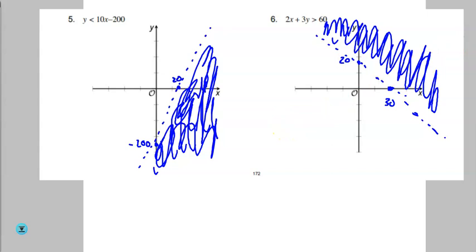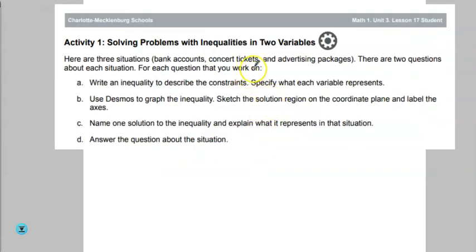So next, we're going to look at this activity one. It says here are 3 situations: bank accounts, concert tickets, advertising packages. There are 2 questions about each situation. For each question that you work on, write the inequality that describes the constraints, specify what the variables represent, use Desmos, sketch the solution, name one solution to the inequality, and explain what it represents in that situation, and then answer the question about the situation.